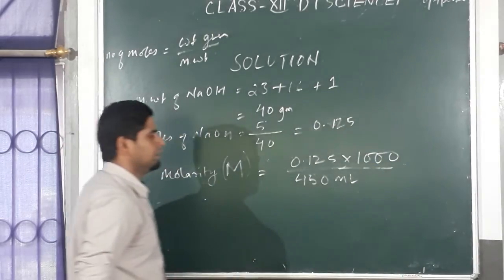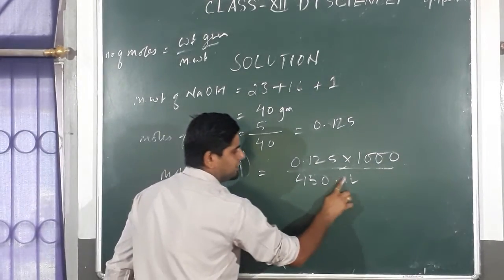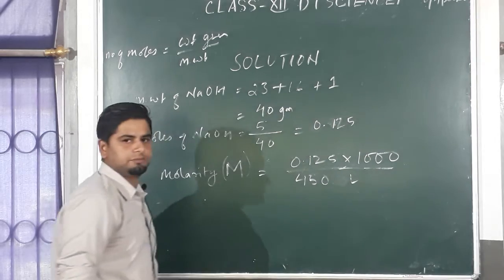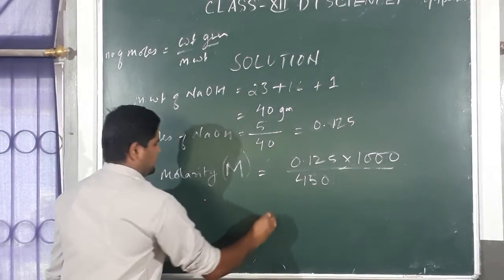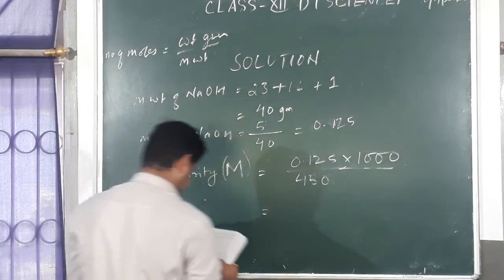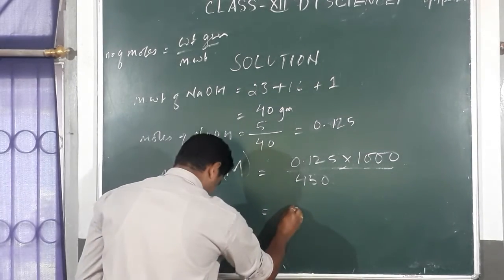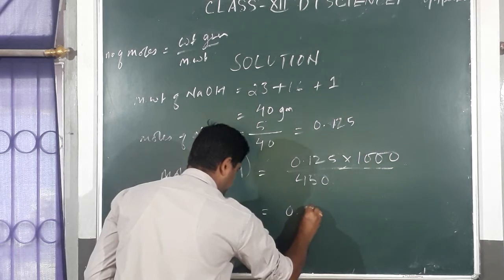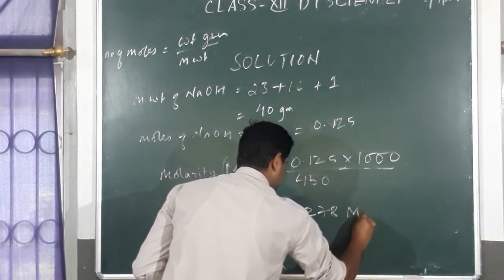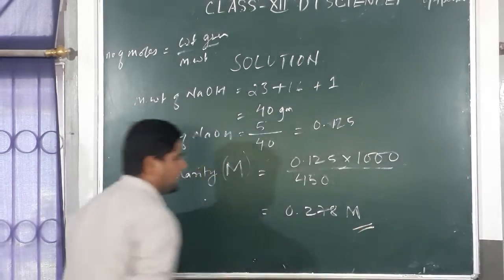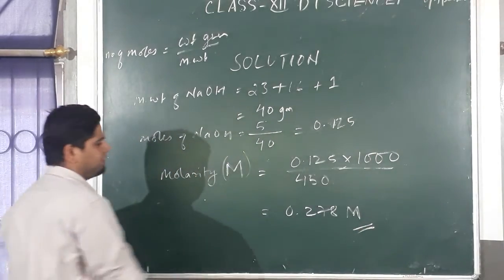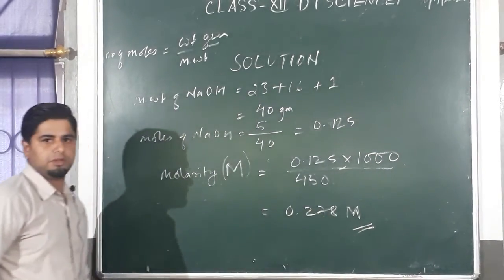Now this will change into liter, so no need to mention the unit now. If you calculate, you'll get a value around 0.278 molar. This is molarity. Capital M is molarity. You can directly write the unit capital M.